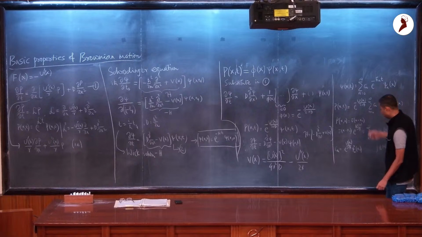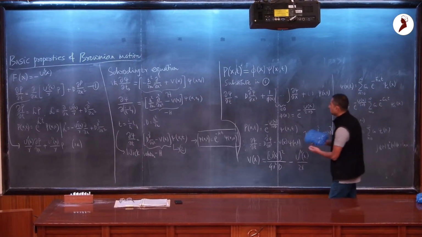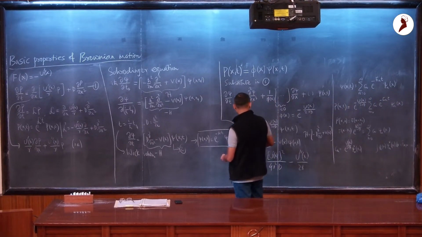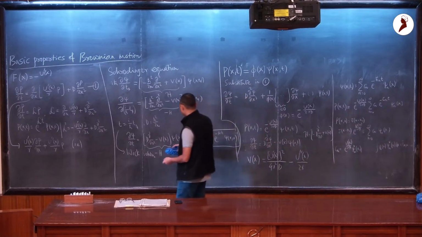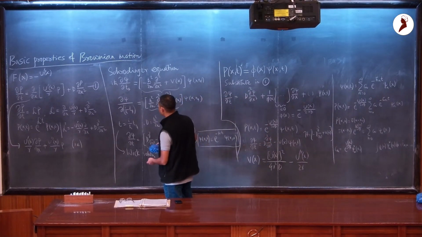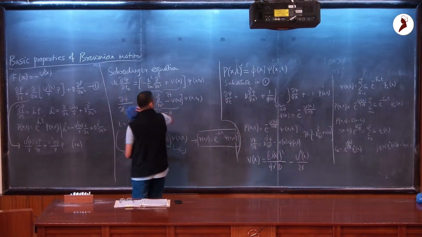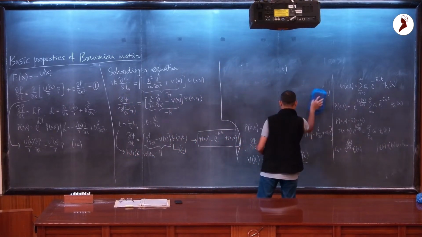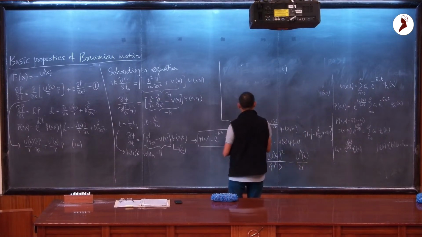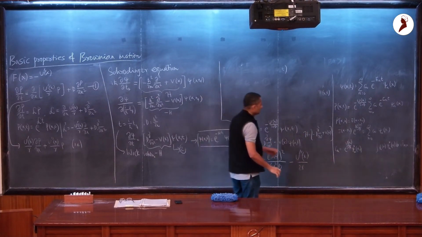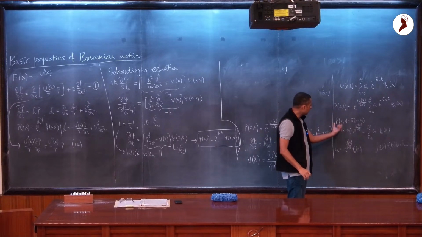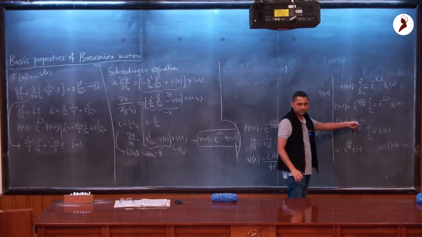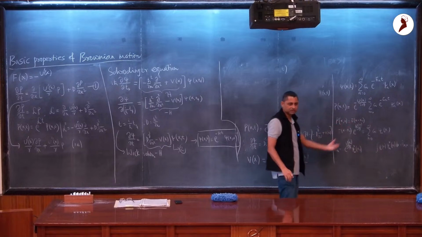So therefore, if I put it here, this P I will write as a G, because I just solved it for a fixed initial condition, so I'll just say that it's the Green function.